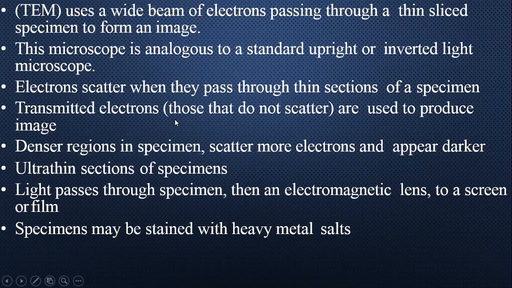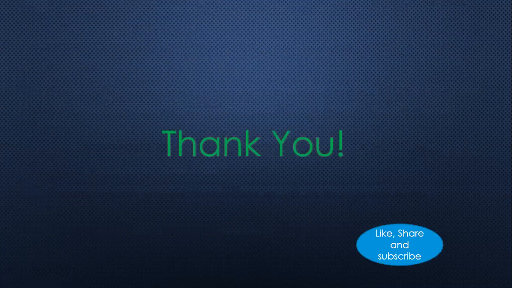The transmitted electrons, those that do not scatter, are used to produce the image, and that is why it is called the transmission electron microscope. The denser regions in the specimen scatter more electrons and appear darker. The electrons pass through the ultra-thin section of the specimen, then through an electromagnetic lens to a screen or film. The specimens may be stained with heavy metal salts for better resolution.